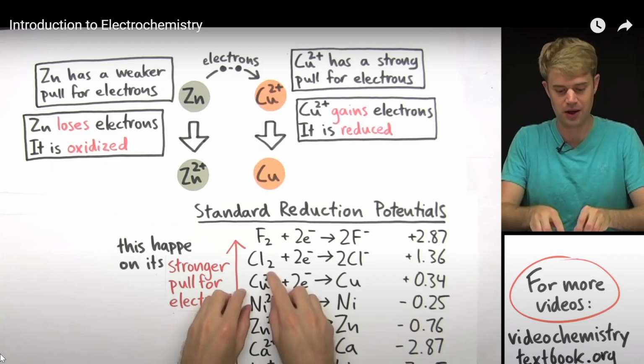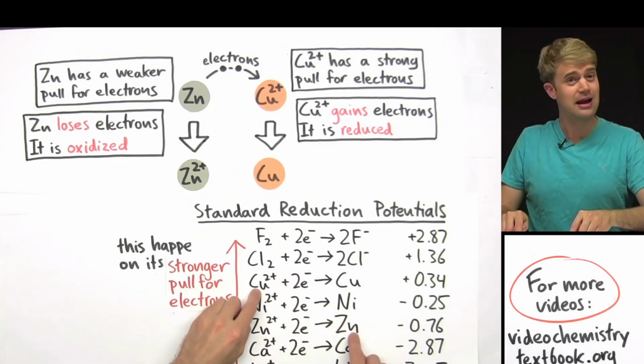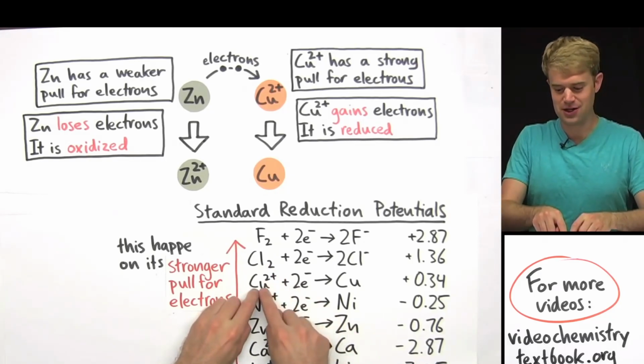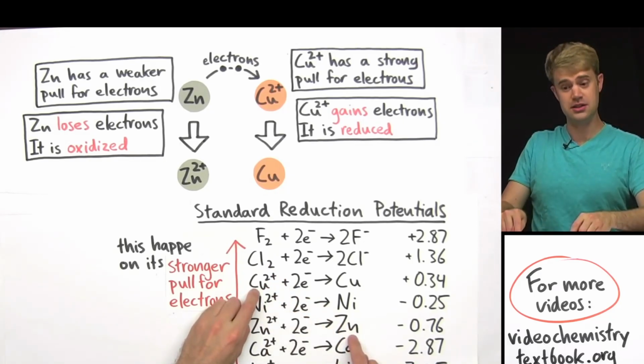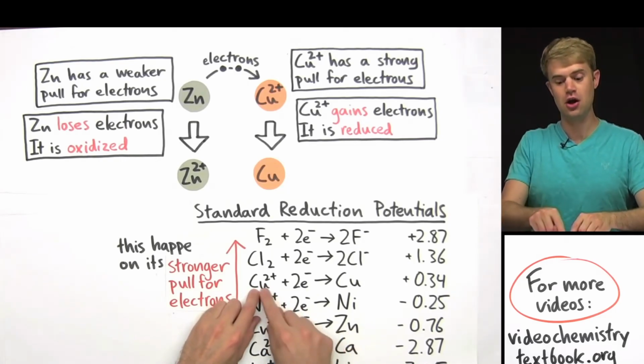If you put zinc atoms near copper 2+, the electrons naturally move from the Zn to Cu2+. We have copper 2+ up here, and zinc down here. The way this chart works is if copper is above zinc, then copper is going to be stealing electrons from zinc.